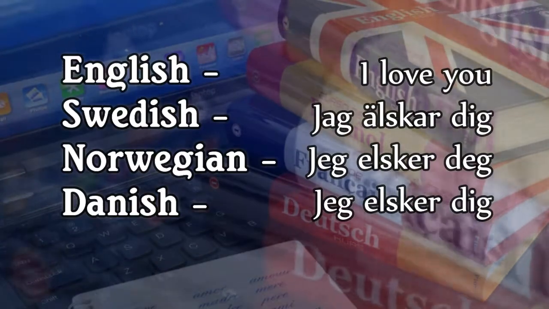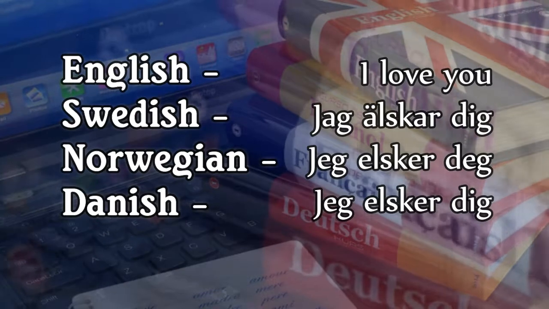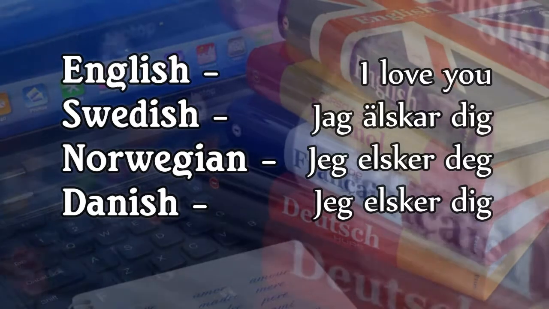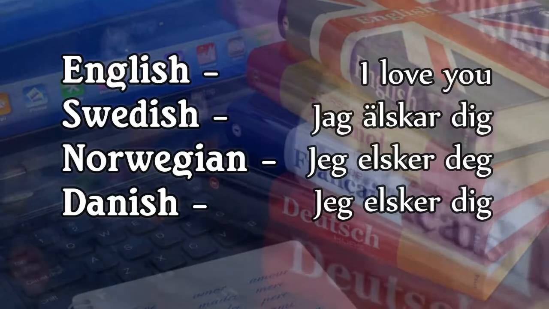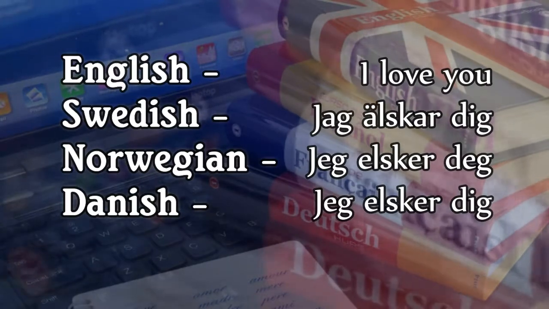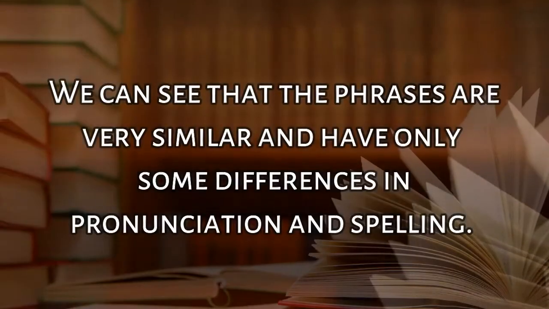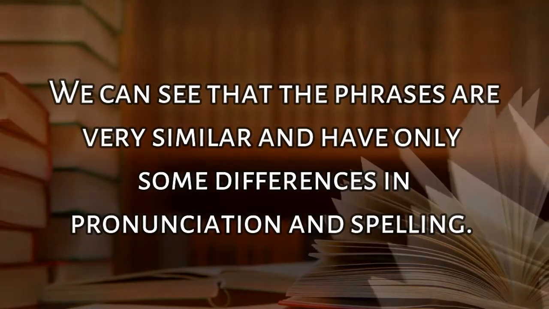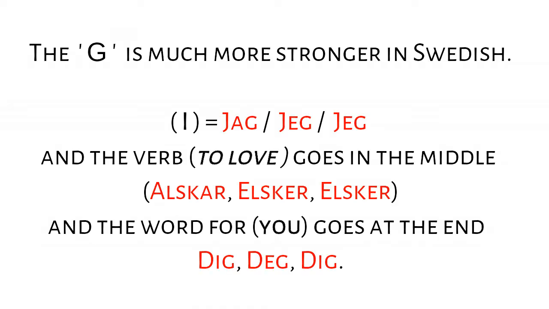I love you in Swedish, Jag älskar dig. Norwegian, Jeg elsker deg. Danish, Jeg elsker dig. We can see that the phrases are very similar and have only some differences in pronunciation and spelling. The G is much stronger in Swedish.